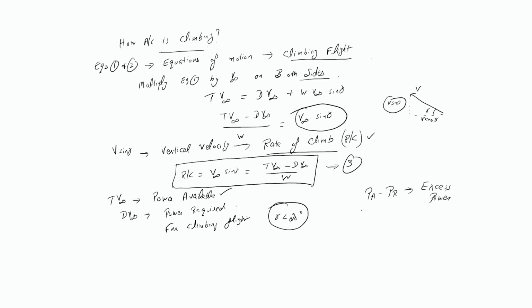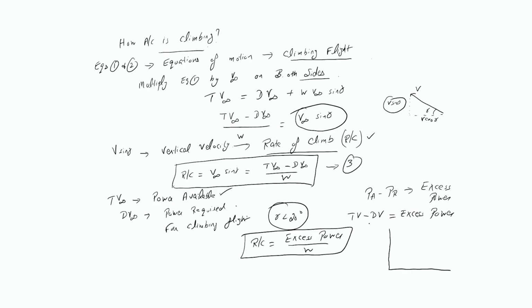So TV minus DV is nothing but the excess power. So rate of climb I can write as excess power divided by W, that is the weight of the aircraft. I have drawn these curves multiple times, but let me draw again, power with velocity.